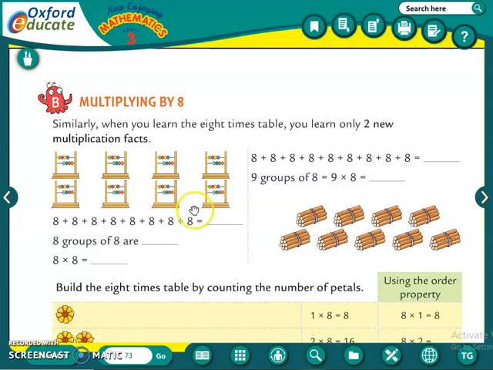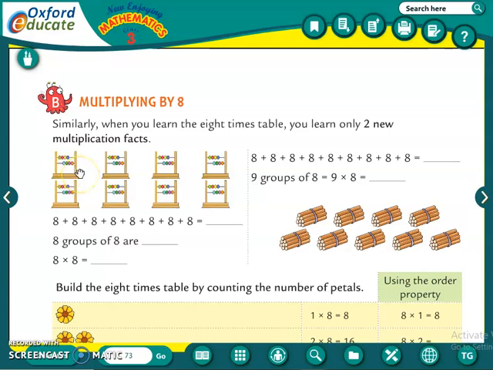Similarly, when you learn the 8 times table, you learn only 2 new multiplication facts. Here are 2 examples. First one: how many groups are there? 1, 2, 3, 4, 5, 6, 7 and 8. 8 groups are there, and in each group how many balls are there? 1, 2, 3, 4, 5, 6, 7, 8.